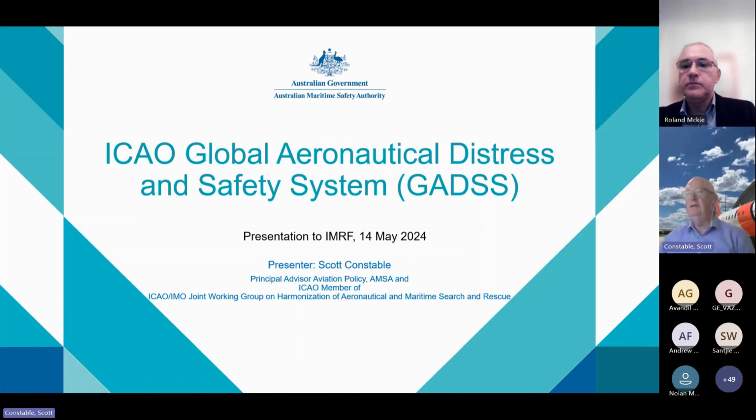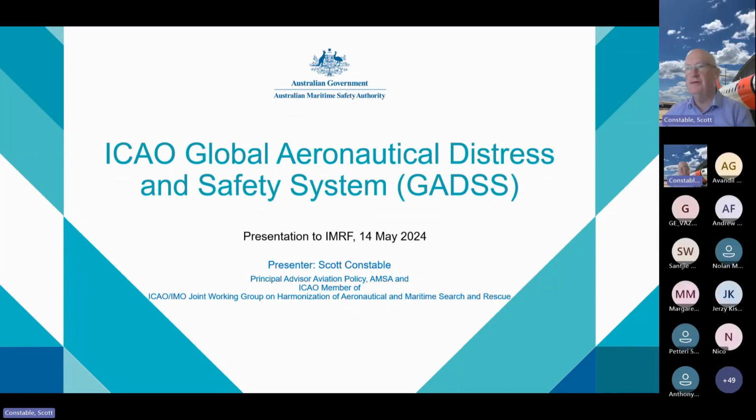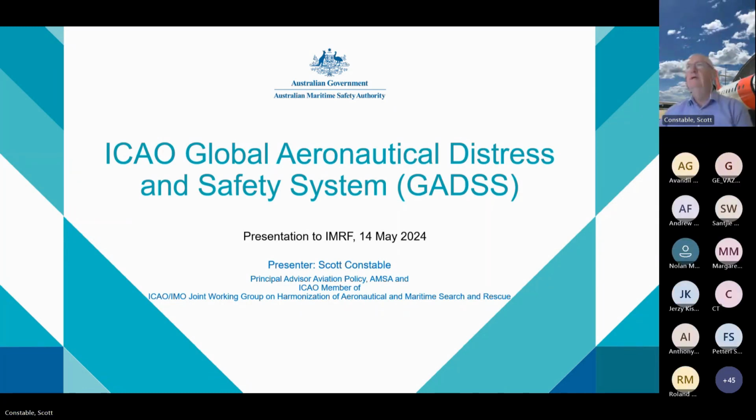Thanks, Rolly, and good morning, good afternoon, good evening, wherever you are situated in the world, to everybody. Rolly asked me to present on this particular topic. I've been involved in this since its conception in 2014, back when ICAO kicked it off just after the disappearance of MH370, that tragic event.